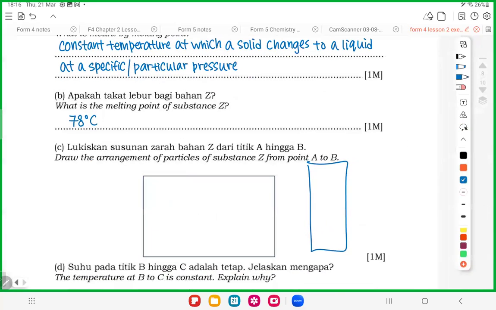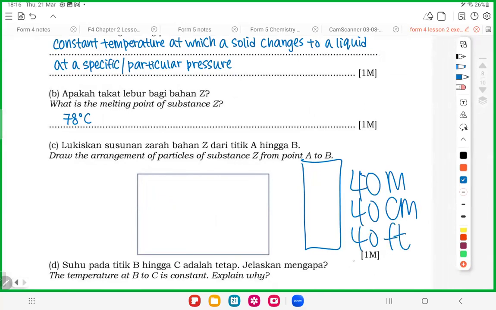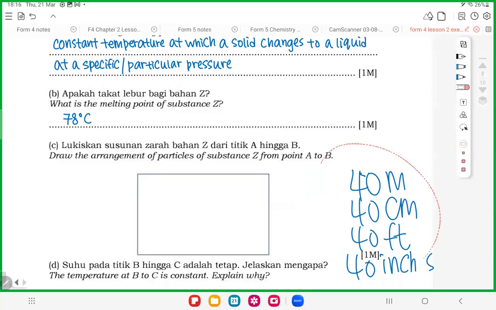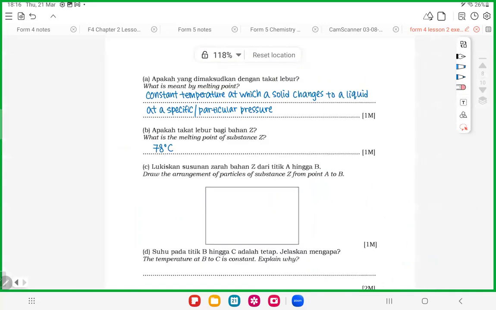And I only say, oh, the building is 40. 40 what? 40 meter, 40 cm, 40 feet, 40 inches? I don't know. So you must tell me the unit. Unit is important, guys. Don't forget about the units. All right. Next one.